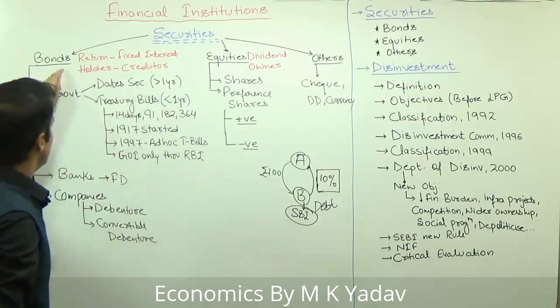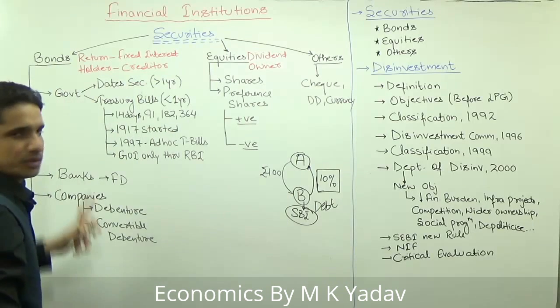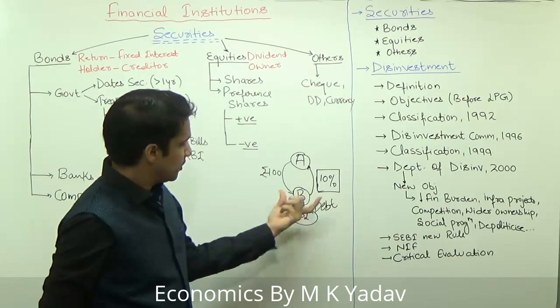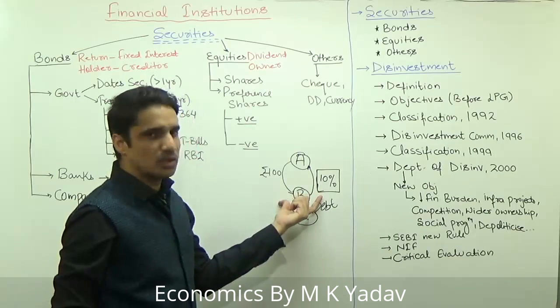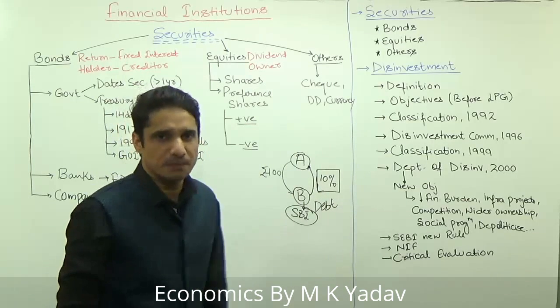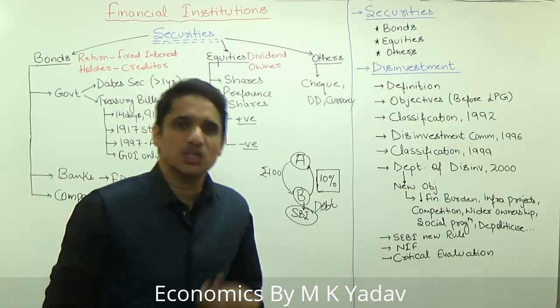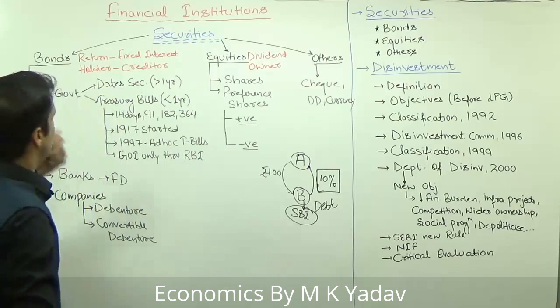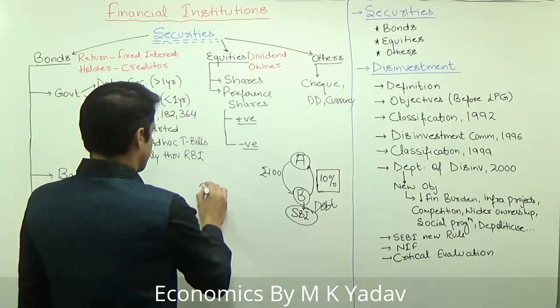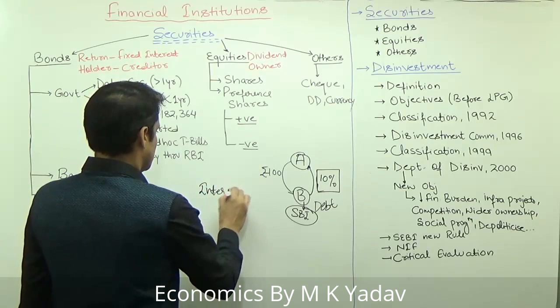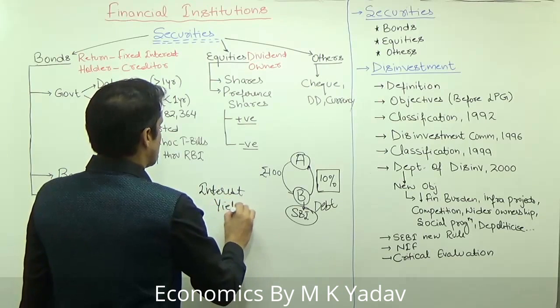So bonds are issued against a loan. Whatever entity or institution has taken a loan will issue these bonds. Bonds are issued against the loan and they are interest yielding securities.